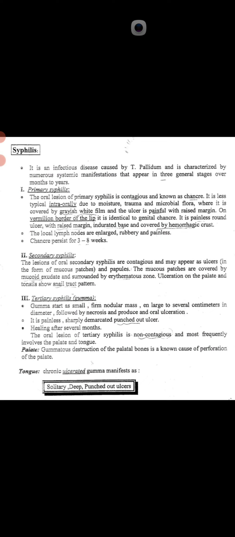In the palate, there is gummatous destruction of the palatal bone. The known cause of perforation of the palate is the gumma. Look, initially in the palate the gumma is formed, and at the end it will perforate the palate.